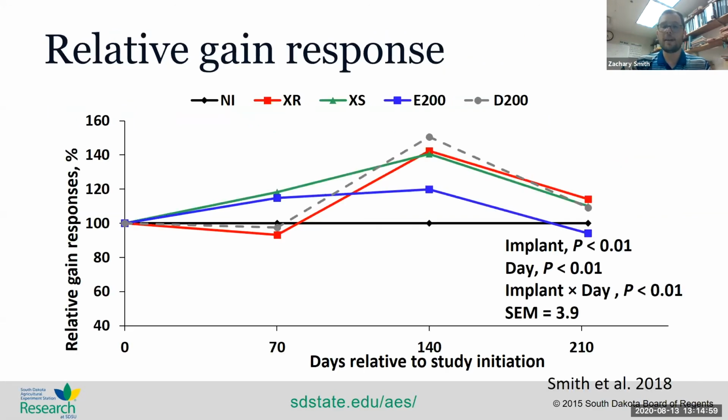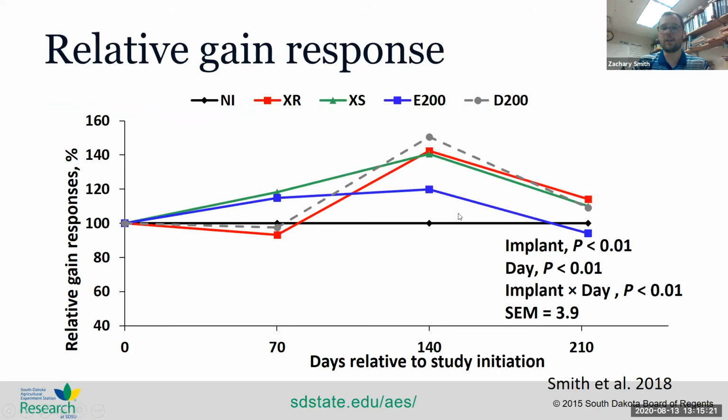So one thing to keep in mind, though, at least with delaying the implant, is when we look at relative gain responses. So here, the black line is the non-implanted cattle scaled to 100. And these are essentially the treatment average daily gains divided by the control, then we get a percentage increase.